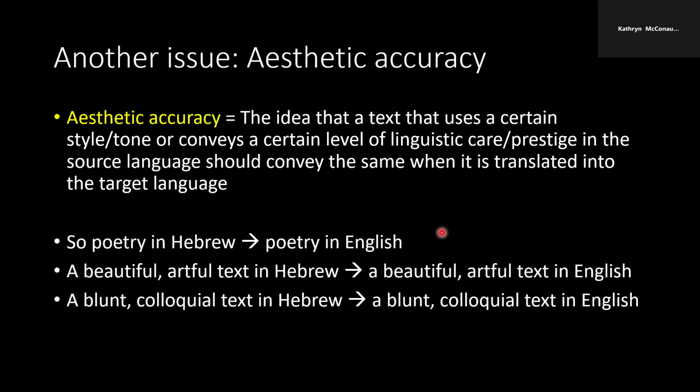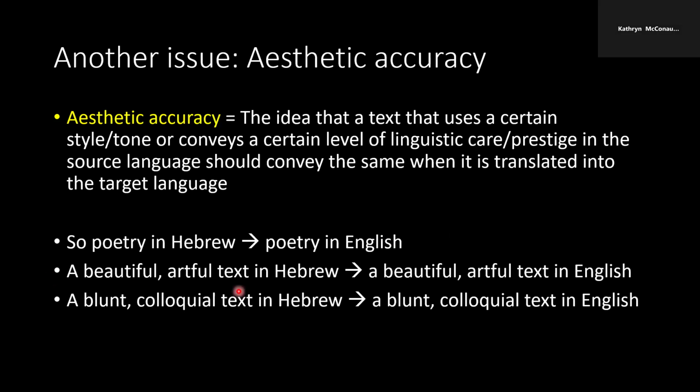If you have something that's prose in Hebrew, when you put it into English, it needs to be prose. If you have a text that in Hebrew had a lot of linguistic care, a lot of literary care put into it, it's very beautiful, it's very artful, it's using a lot of wordplay, ideally, when you translate it into English, you should get a beautiful, artful text.